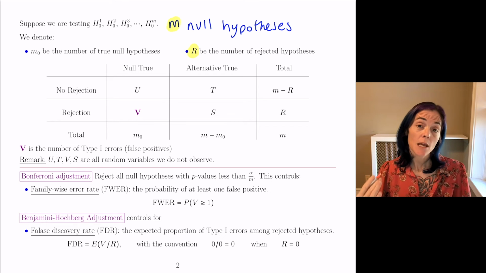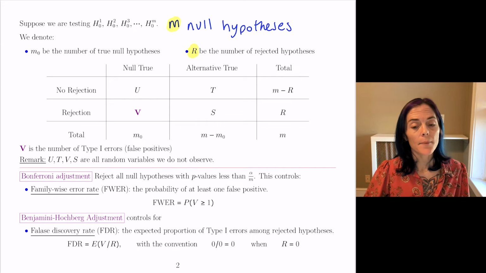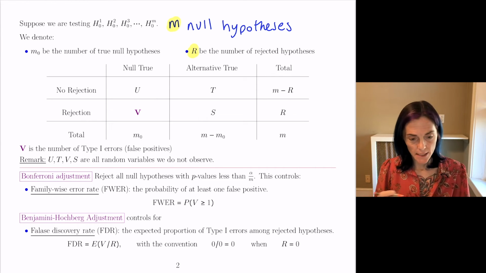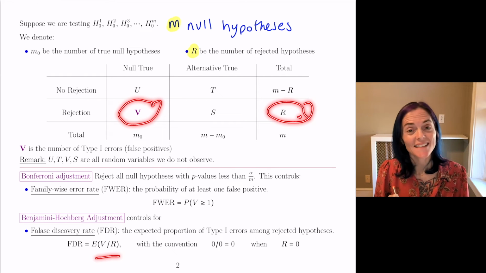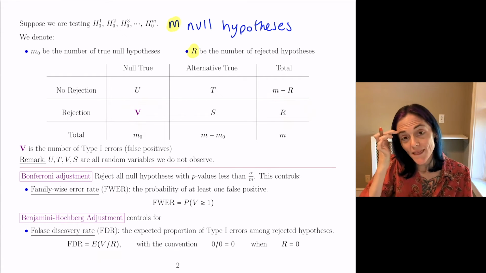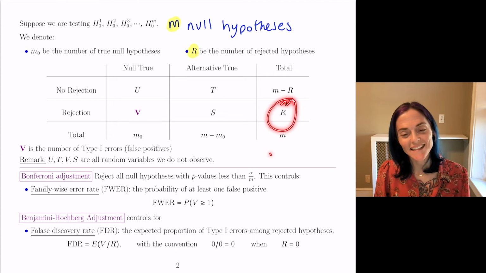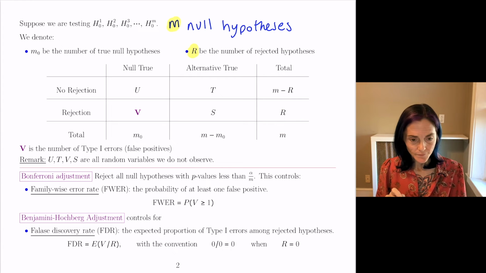Now, Benjamini-Hochberg controls what's called the false discovery rate. This is the expected proportion of type 1 errors among the rejected hypotheses, with the convention that if you have 0 rejected hypotheses, the FDR is just 0.